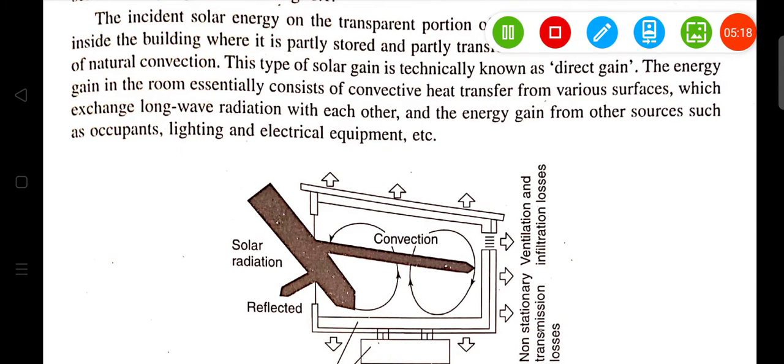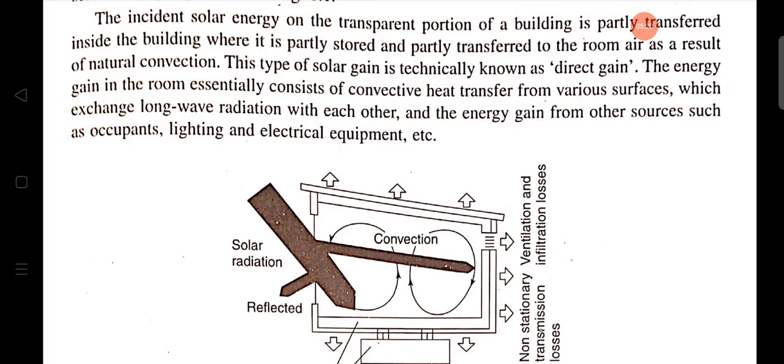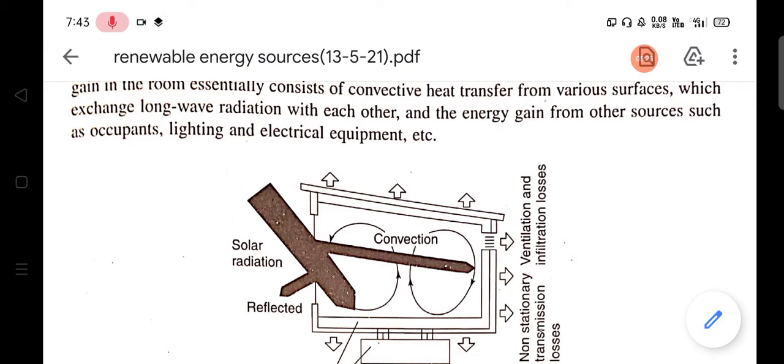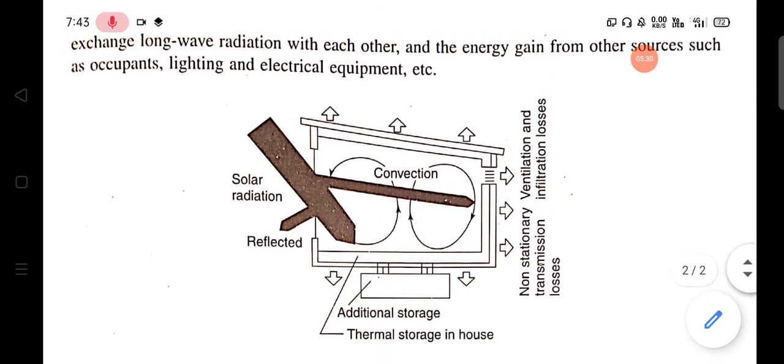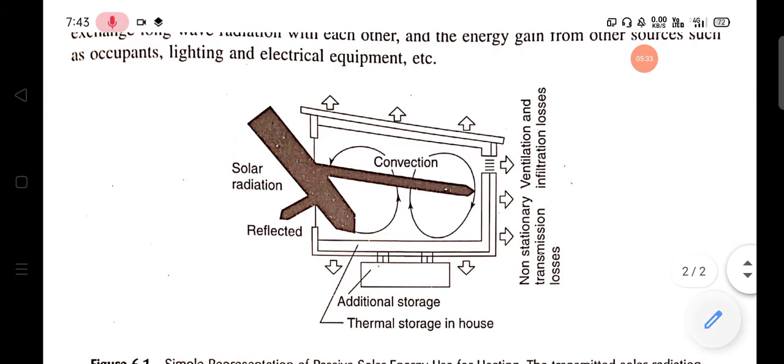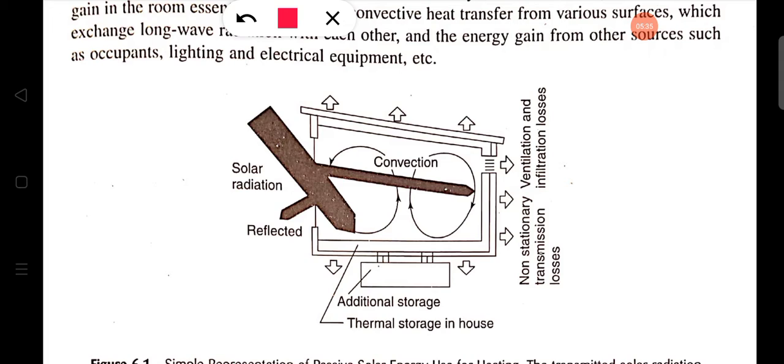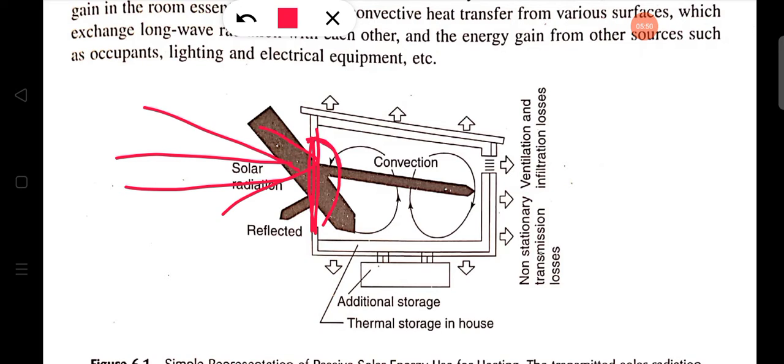Here what happened, the solar radiation falls on the transparent side of the building. It may be a window or a door covered with clear glass.